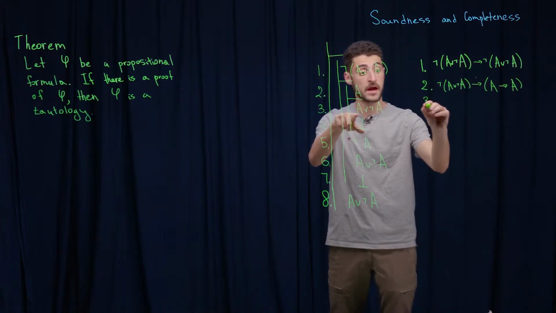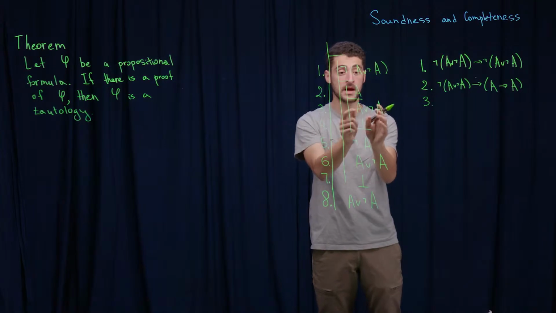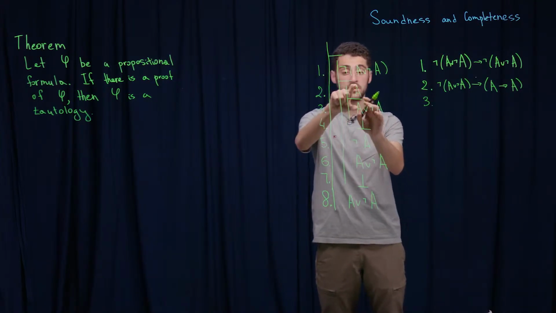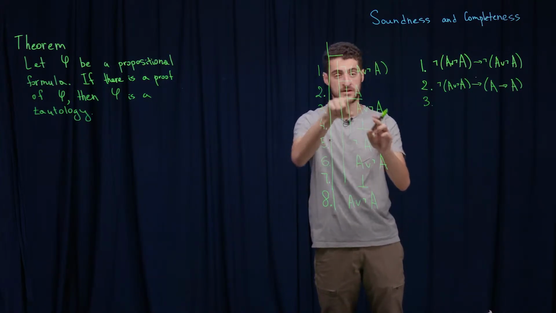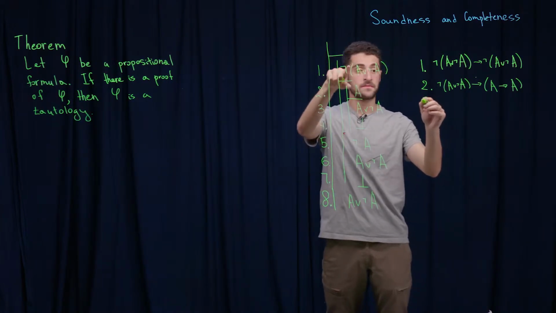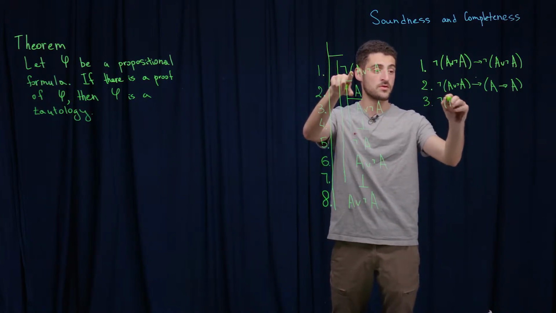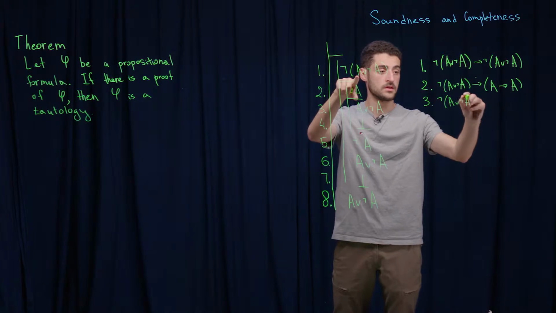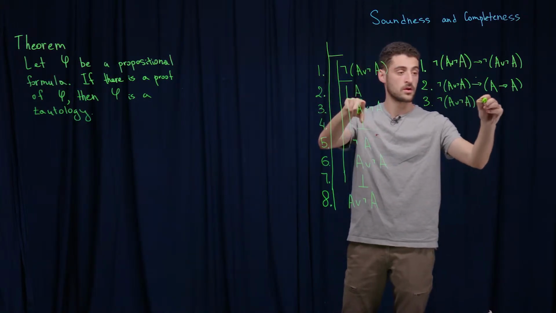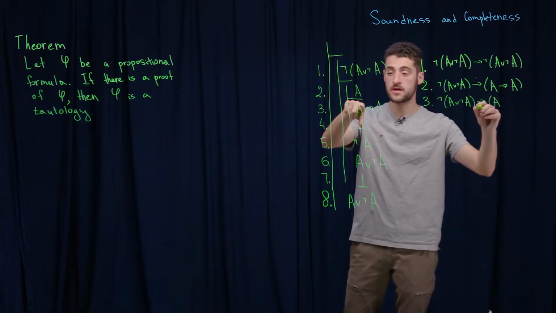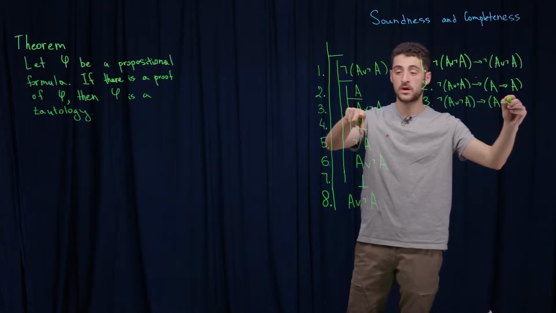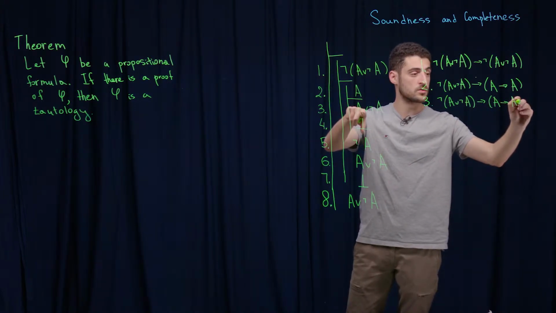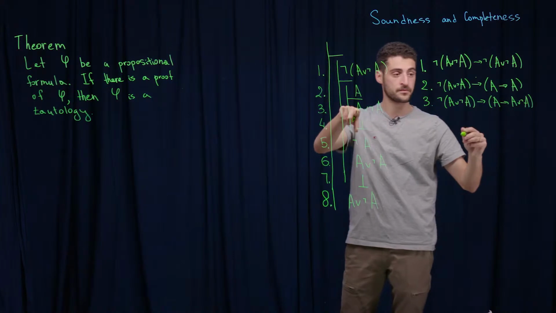Finally, we have the third step, and the third step is introduction of disjunction from the second step. So it's under the assumption that A or not A is not true, and assumption A, we know that A or not A should be true.